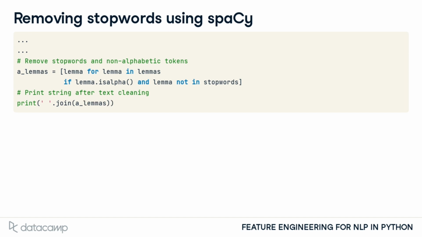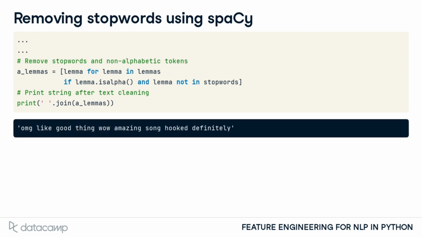We make a small tweak to a_lemma's generation step. Notice that we have removed the PRON condition as pronouns are stop words anyway and should be removed. Additionally, we've introduced a new condition to check if the word belongs to spaCy's list of stop words. The output is as follows. Notice how the string consists only of base form words.